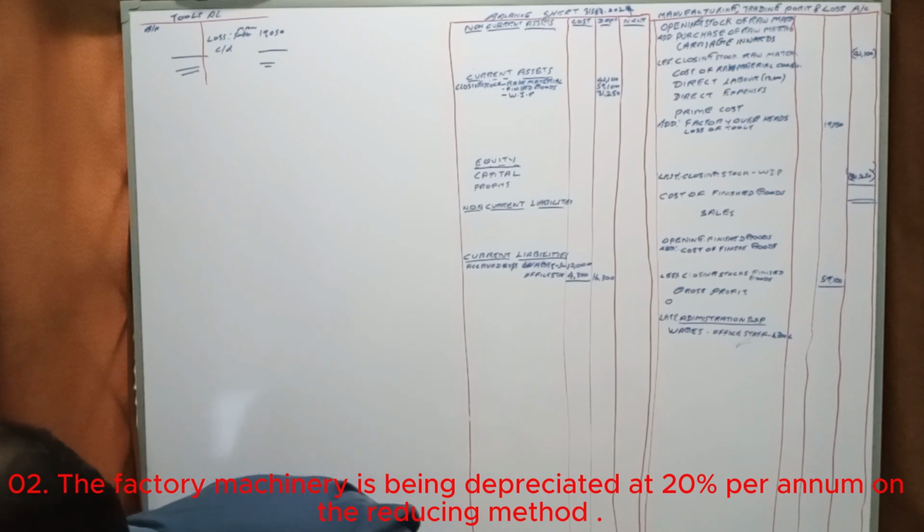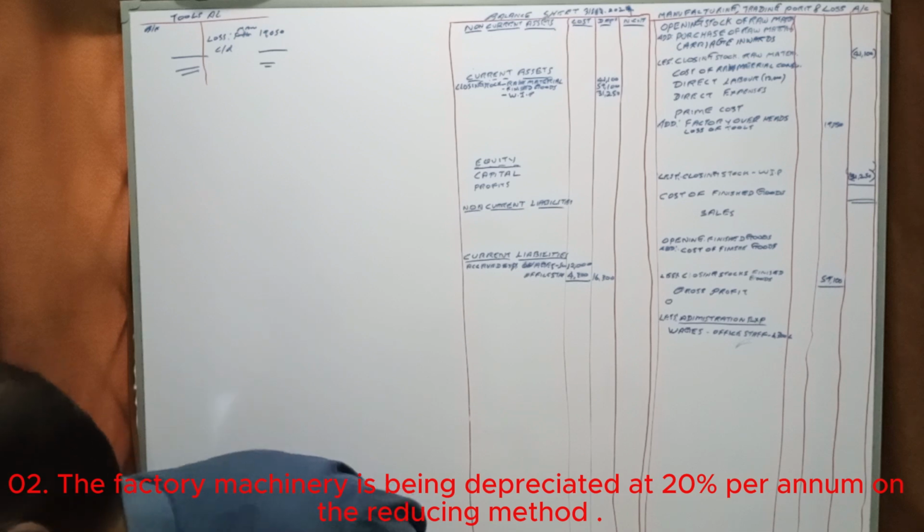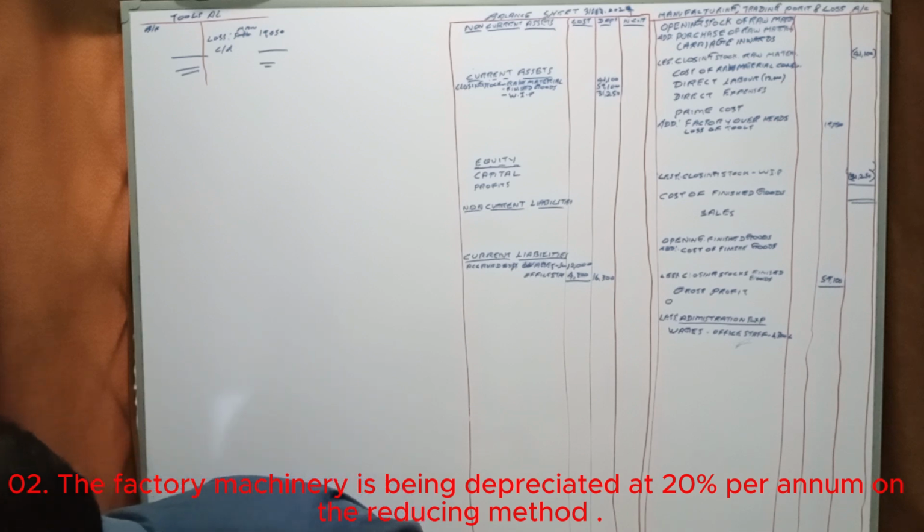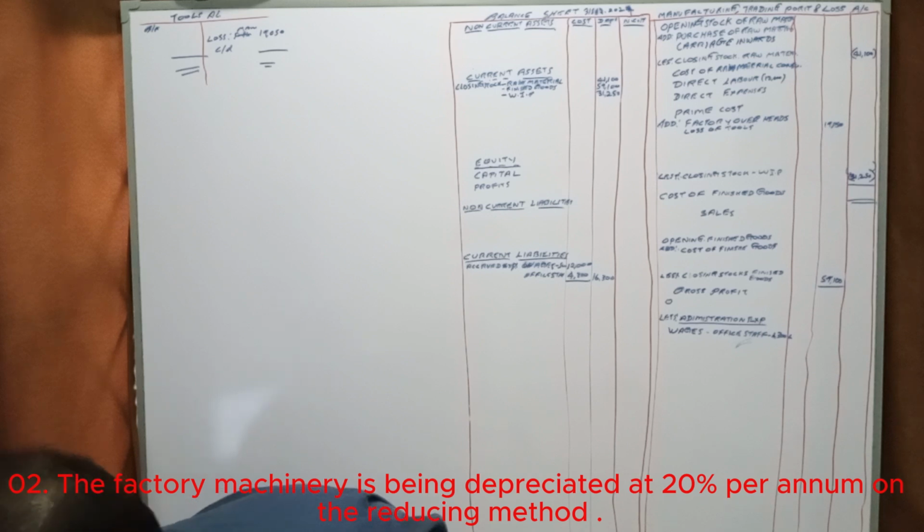Second adjustment: factory machinery is being depreciated at 20% per annum at diminishing balance. Where is the factory machinery in the trial balance? Factory machinery depreciation, 1st January.